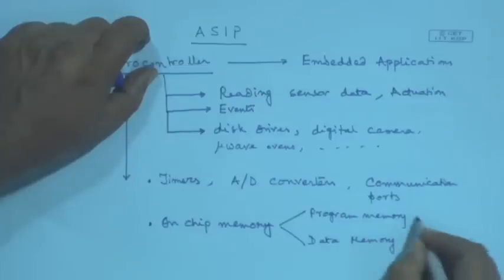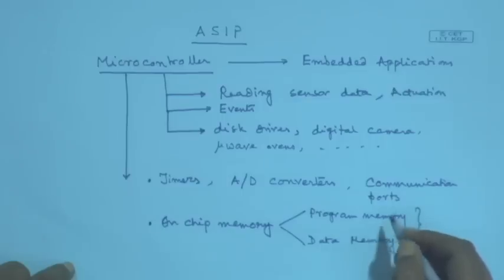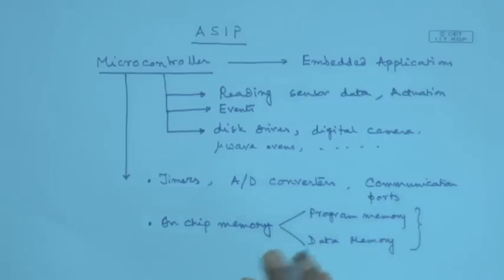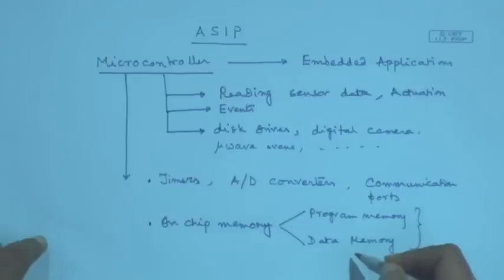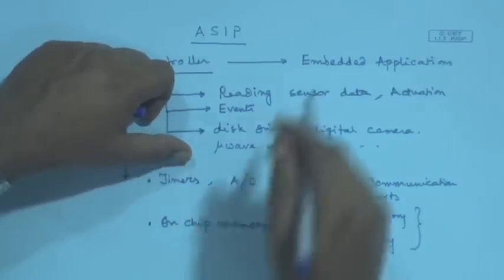As we will see in another variety of ASIPs, sometimes we will deviate from the typical von Neumann architecture, and we can have program memory and data memory separately. And it allows you to have direct access to several internal pins. Many of the chip's pins, the programmer can directly access them.